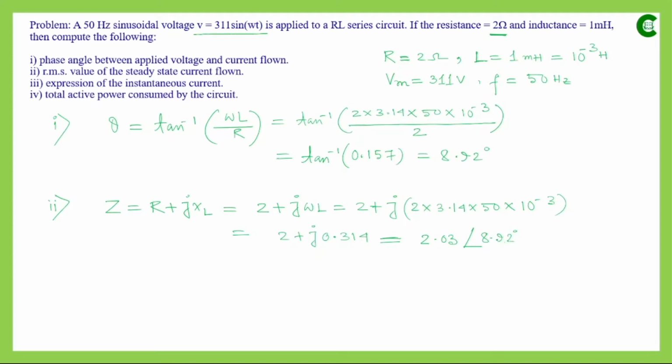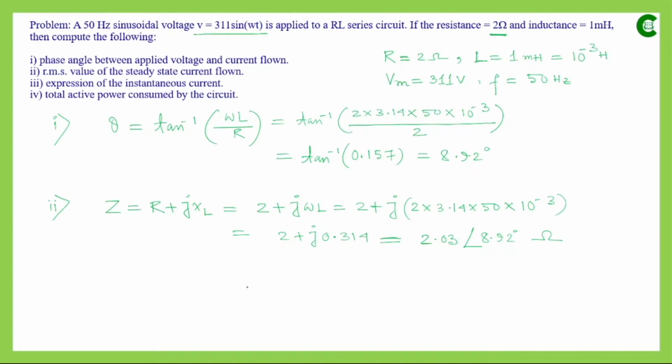Definitely the phase difference that we already obtained in the first step, the same angle we get here, because the angle here is the measurement of the phase angle only. So this is 8.92 degree, and this is the value of the impedance.